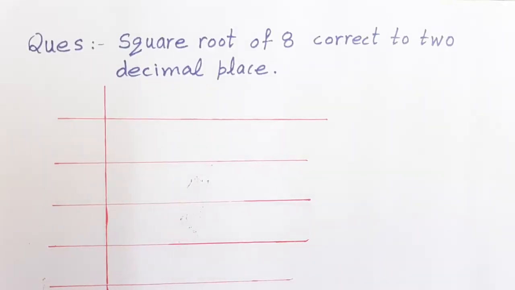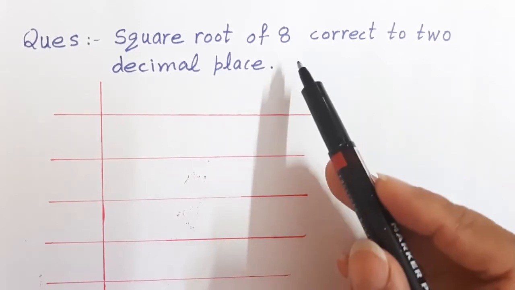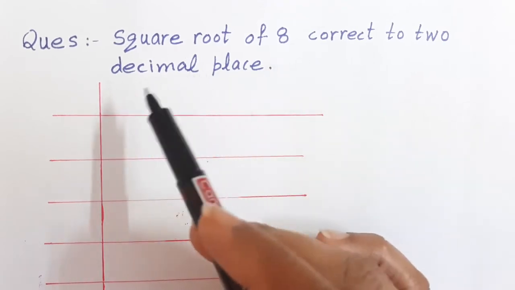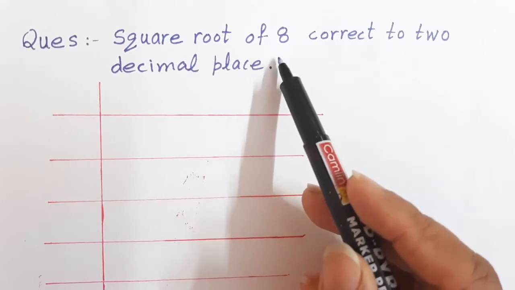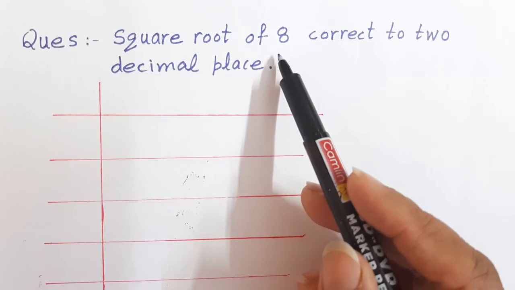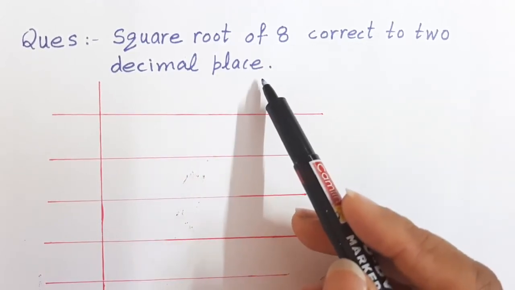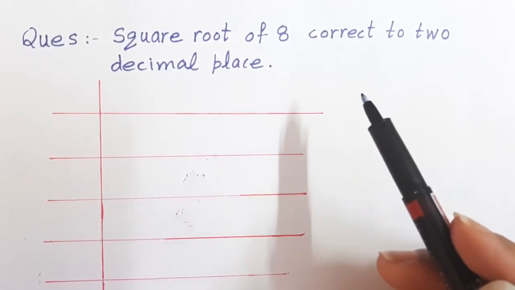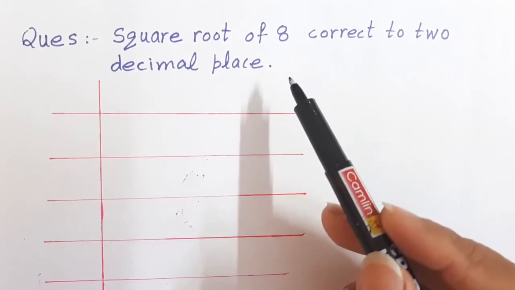Now students, let us learn how to find the square root of a given number which is not a perfect square. Right? Now let us consider this question. Find the square root of 8. Now students, you must be knowing 8 is not a perfect square. Correct to 2 decimal places. Now for this, students, you should know that we shall find the square root up to 3 places here. Why so?